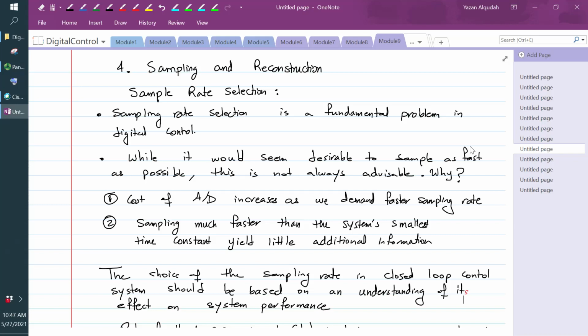So again, there's an optimal sampling point that you can select that will reduce the hardware cost and will give you all the information that you need. Sampling beyond that, you're going to be getting more information that adds no value, but at the same time paying a price for the hardware cost that you're going to have to implement.